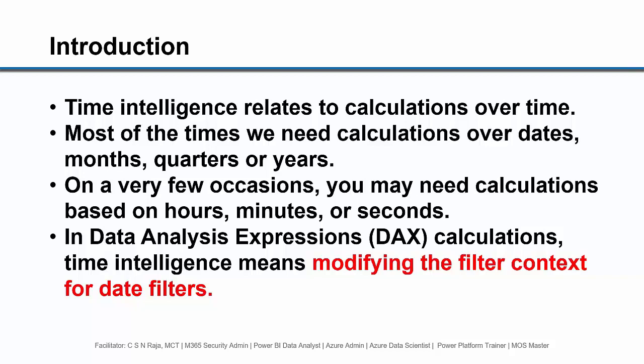In data analysis expressions calculations, time intelligence means modifying the filter context for date filters. So this is the most important learning point. If you are new to DAX and new to time intelligence, we are going to modify the filter context for date filters.